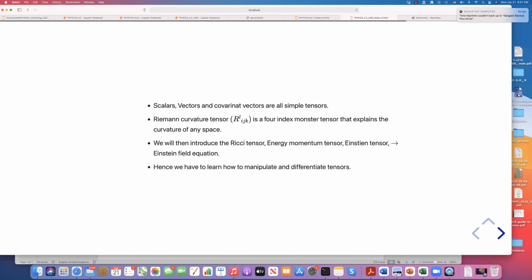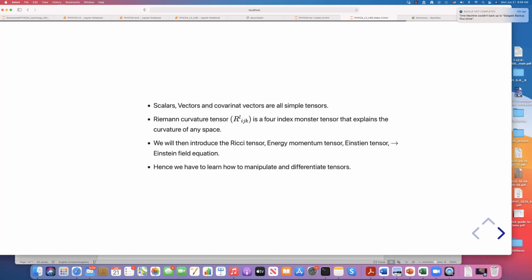Now, because of that, you can see why we need to look at tensors, because we are learning general relativity, which means we are going to talk about Einstein's field equations. To understand them, you need knowledge about the Riemann curvature tensor, the Ricci tensor, the energy momentum tensor, and also the Einstein tensor, which will lead to these field equations, right?